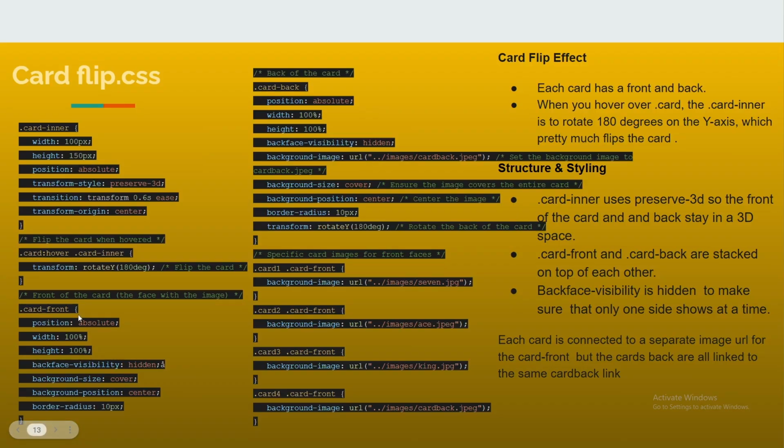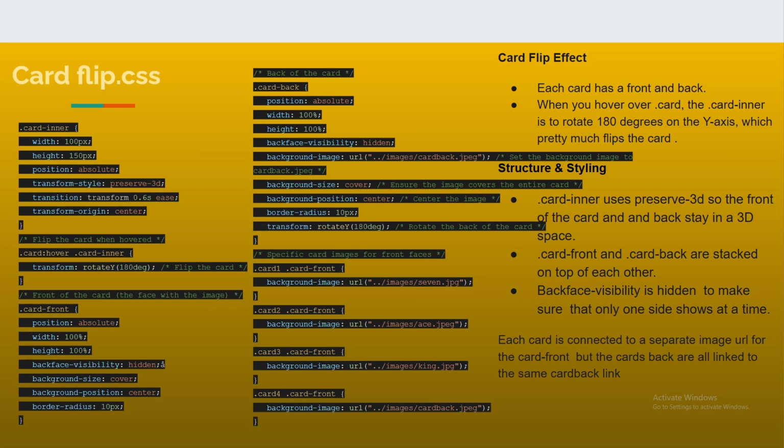So for the CSS portion, each card has a front and back, and when you hover over the card, the card inner is rotating 180 degrees on the y-axis, which is flipping the card over from the front to the back of the card, which is another image called the card back.